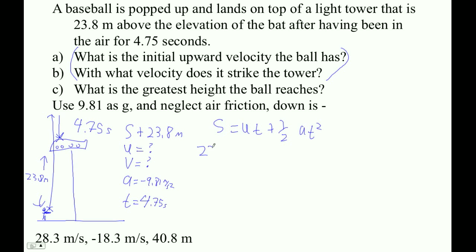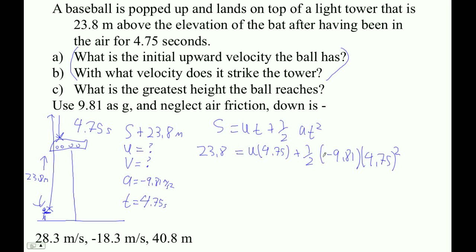So 23.8 equals u times 4.75 plus 1/2 times negative 9.81 times 4.75 squared, right? Okay, so hold on. 23.8, I'm going to add this on there.